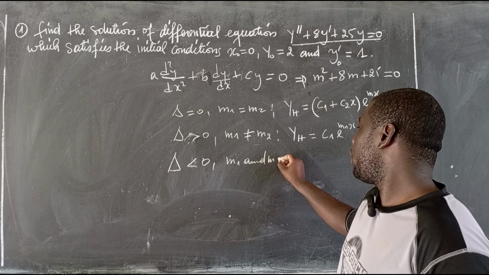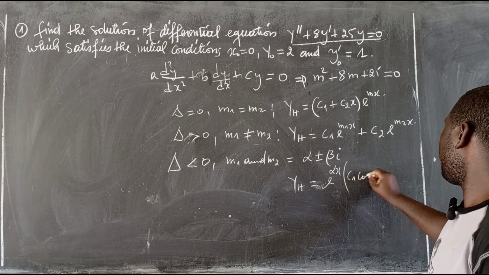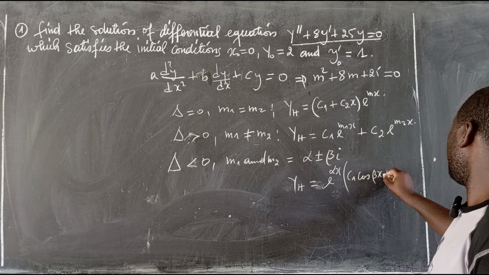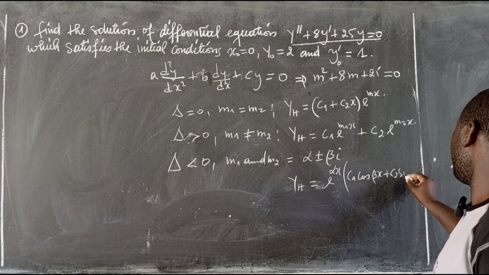So your homogeneous solution will be e power alpha x times (C1 cosine of beta x plus C2 sine beta x). So we have three cases. Let us try to solve this and see which case we are going to use here.